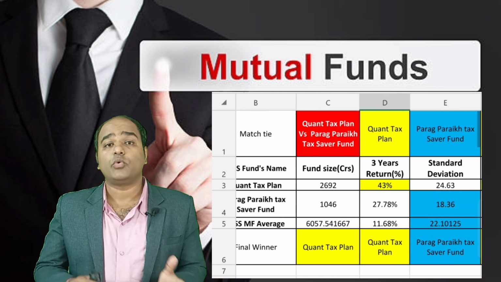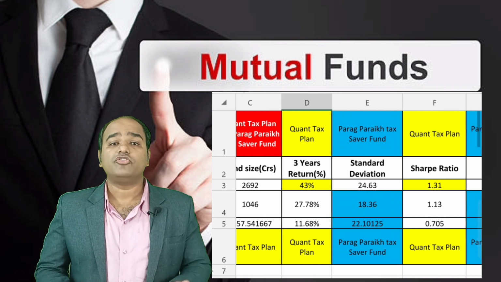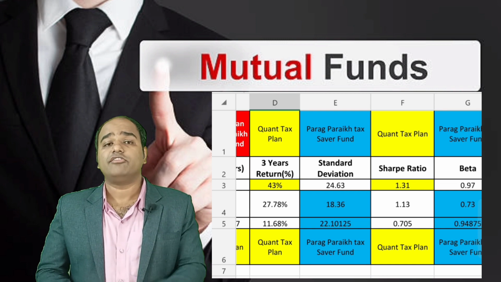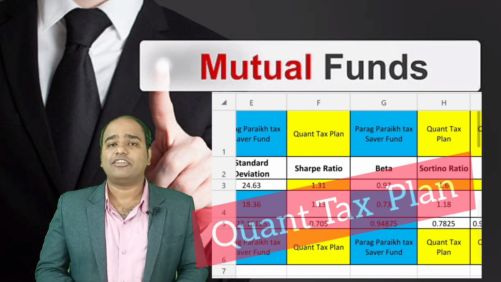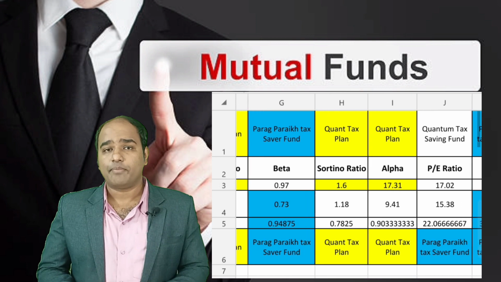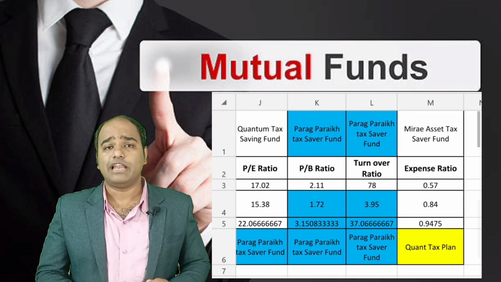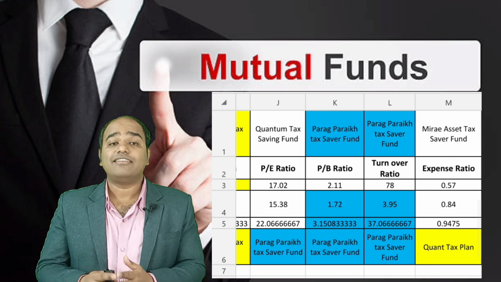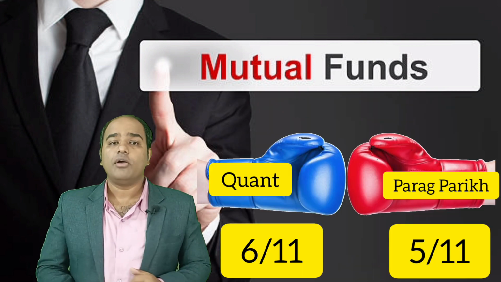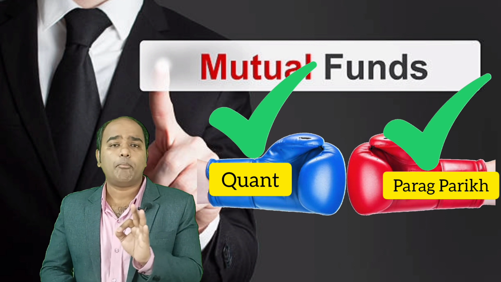Their analysis result you can see in this sheet, and among these 2 mutual funds, the winner is Quant Tax Plan that scores 6 out of 11 parameters, and Parag Parikh Tax Saver Fund scores 5 out of 11 parameters.